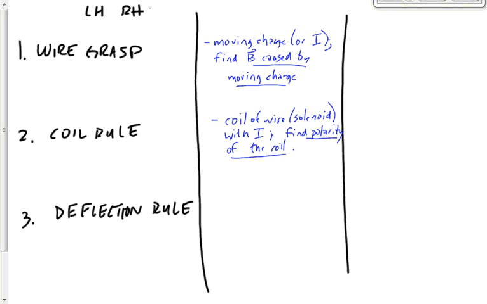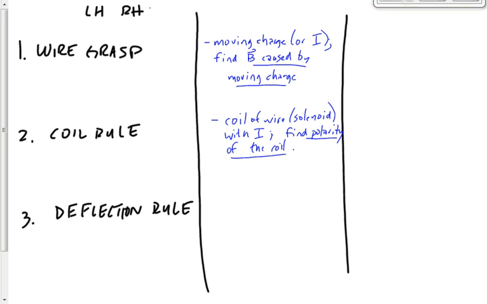Not necessarily in how we do it, but in where we use it. The wire grasp rule says, look, we get an electric current. We want to find the magnetic field. Coil rule says, look, we get an electric current. We want to find the magnetic field. Except in rule number 2, it's specific to a coil. It's not just any time you have a current. It's when you have a current going through a coil of wire or going through a solenoid.